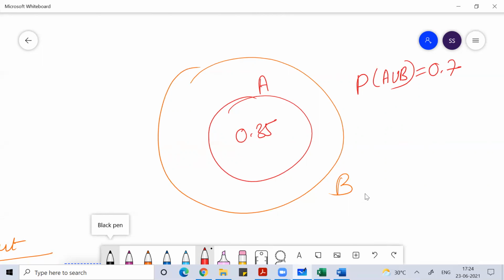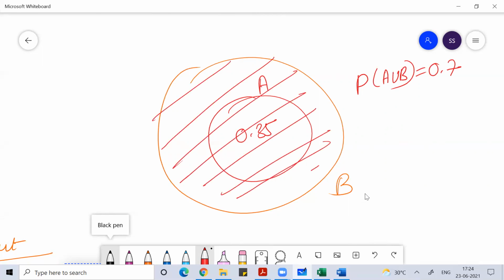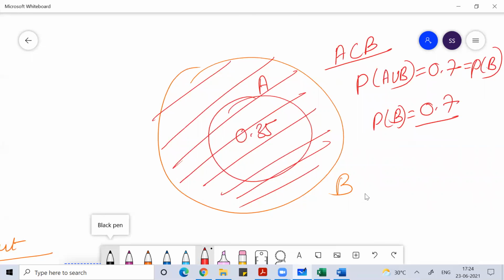What is A union B? If A is inside B, if A is a subset of B, then A union B is actually B. So in that case, probability of B would be equal to 0.7. You're getting it right, guys.